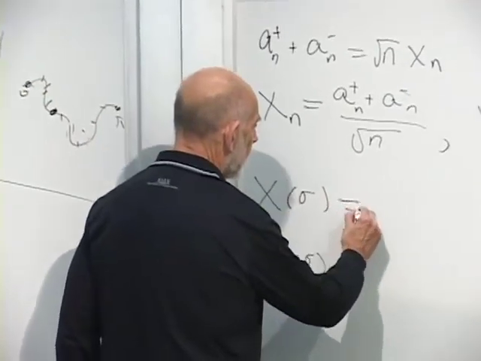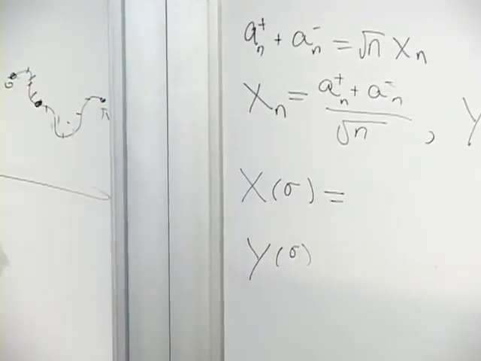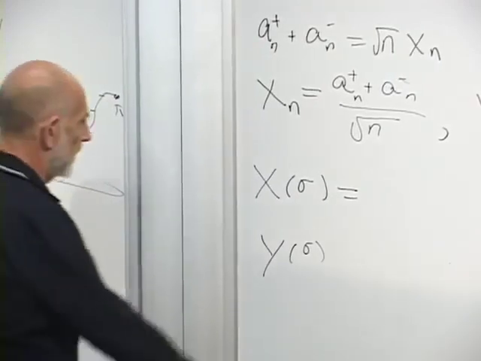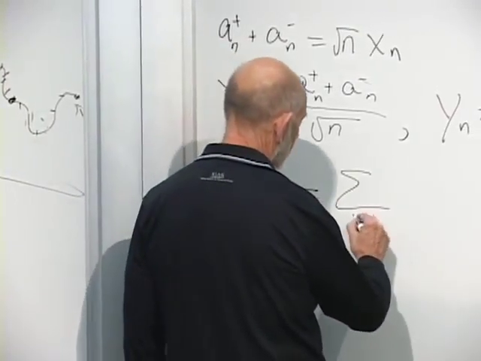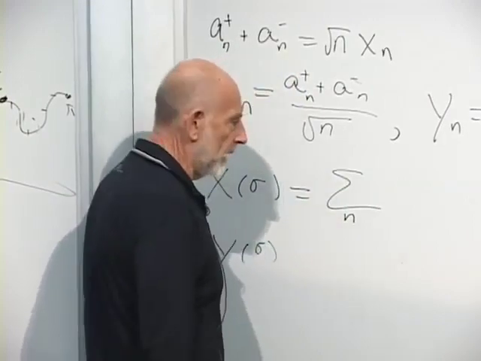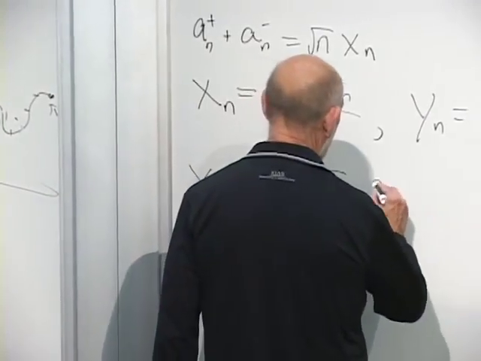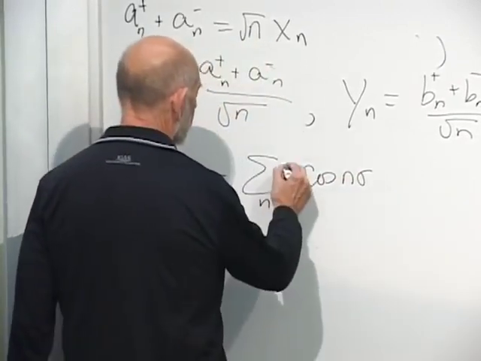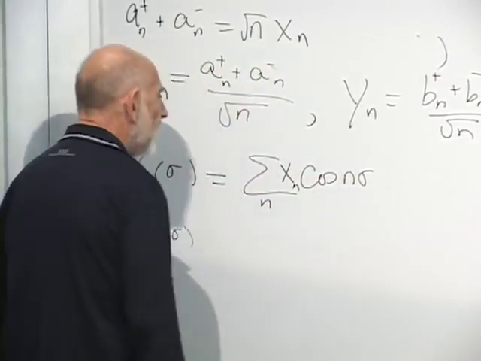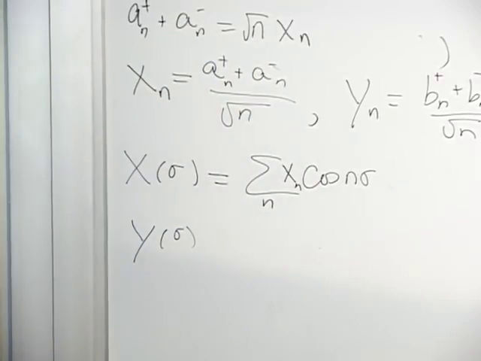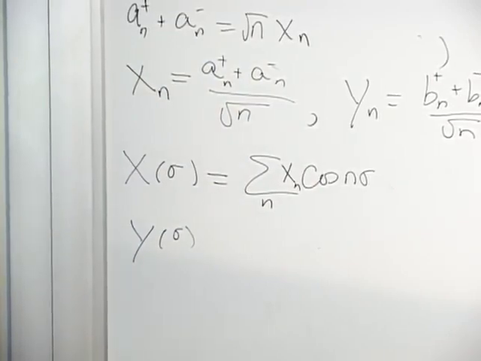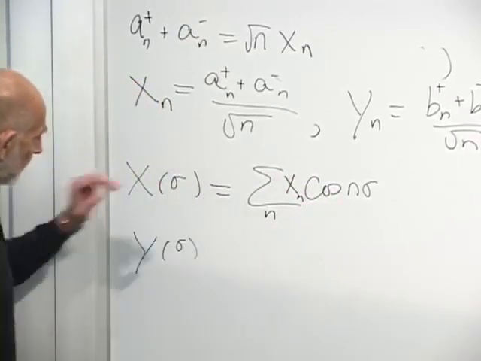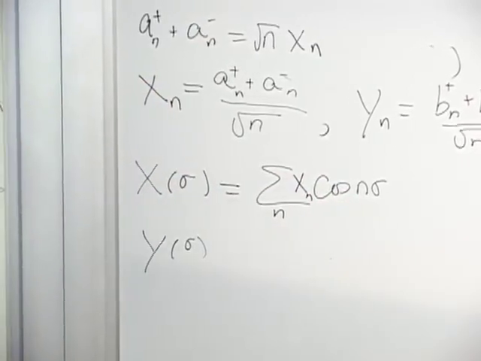And we use our freedom to Fourier expand x and y, and we find that this is the sum over n of cosine of n sigma times, let's call it x sub n. And what is x sub n? X sub n is simply the Fourier coefficient of the nth cosine wave in the Fourier expansion of x. And likewise with y.